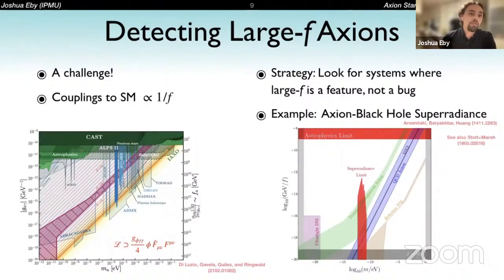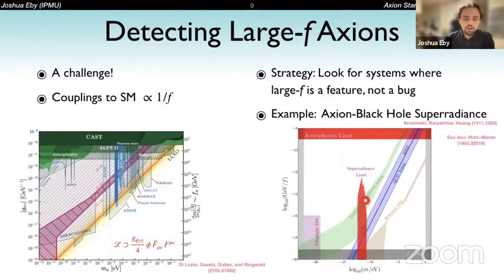So if you observe the black hole, that means the axions aren't in the theory, and so you can constrain axions. However, if the axion self-interaction potential is large enough, then this superradiant cloud becomes unstable and collapses, and it fails to spin down the black hole, and your constraint gives up the ghost.